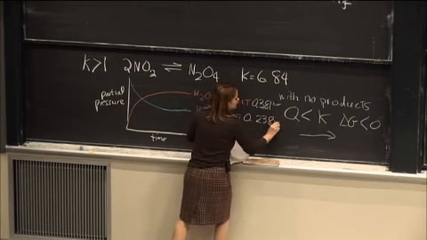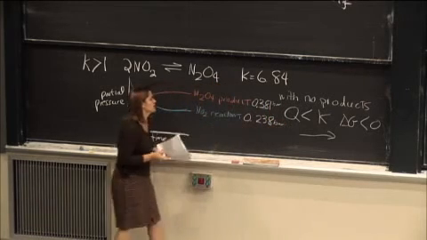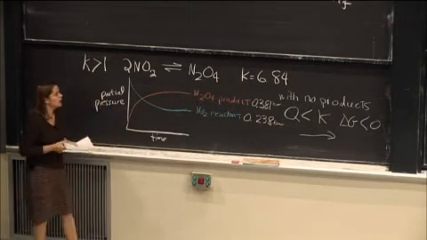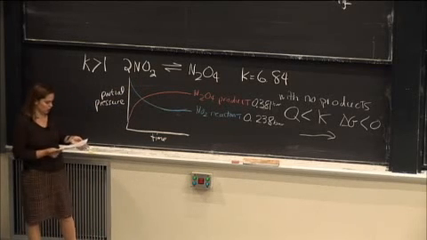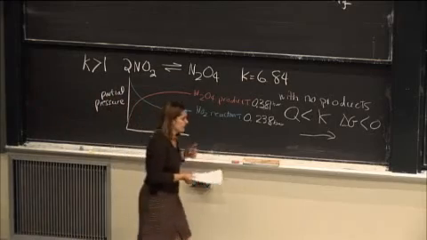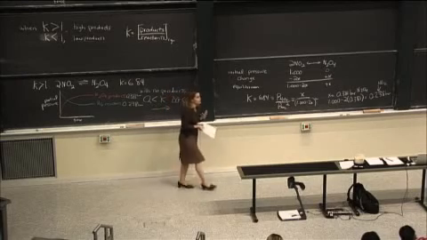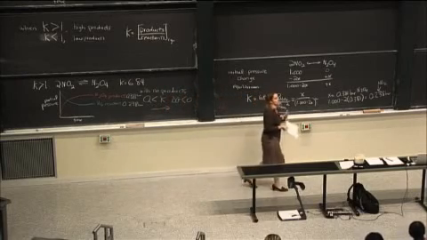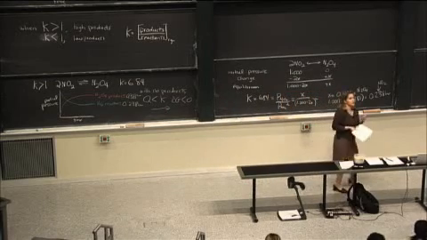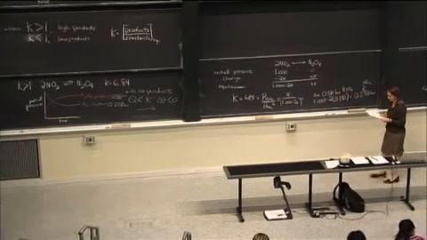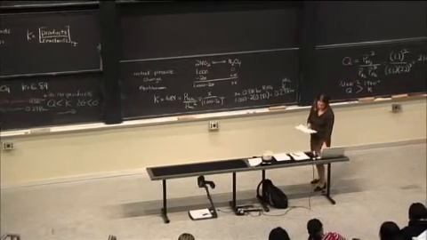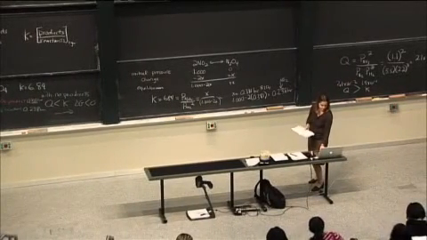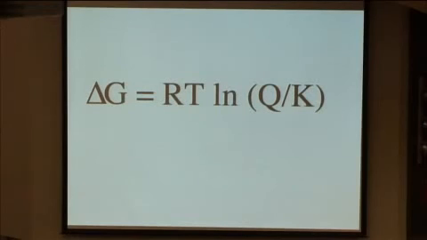So we have more product than reactant at equilibrium, which is consistent with the value of K being greater than 1. So when you know something about the equilibrium constant, you know something about the reaction and whether you would expect more products or reactants at equilibrium. So again, you can think about this in terms of Q and K.